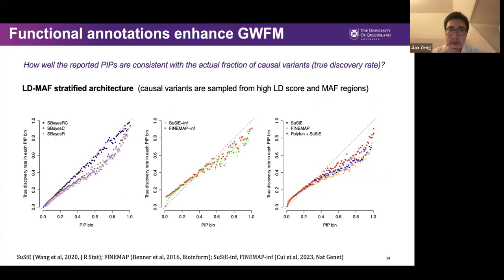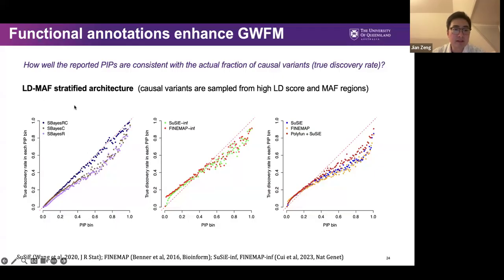And then we look at how much the functional annotation can help with genome-wide fine mapping. First, we look at the calibration of PIP, because PIP is the key statistic for fine mapping, and we want to see how well the PIP can capture the true proportion of causal variants among all positive results.